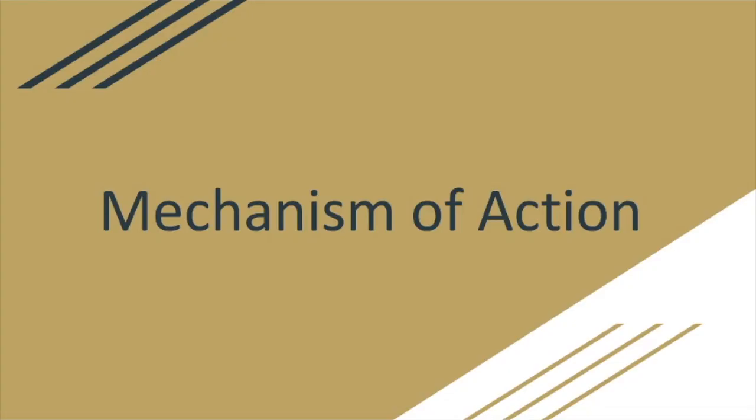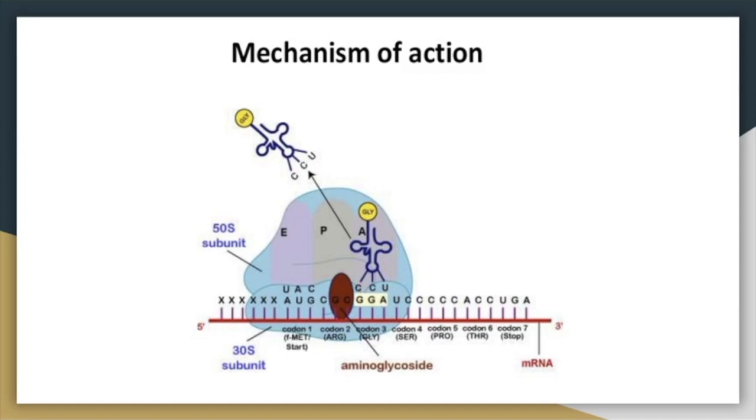All right, so now let's talk about how aminoglycosides work. Okay, so the aminoglycoside actually binds to the 30S subunit on the mRNA. So remember, the mRNA goes to this 50S and 30S subunit complex.